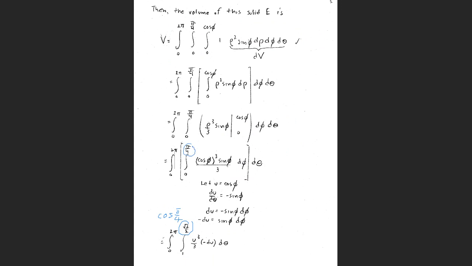And the cosine of 0 is equal to 1. I took the cosine of 0 and I got 1. Okay, so now we have a double integral.